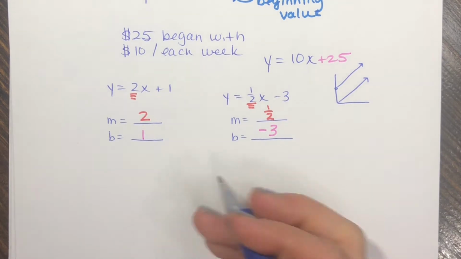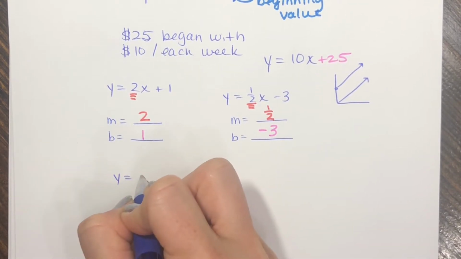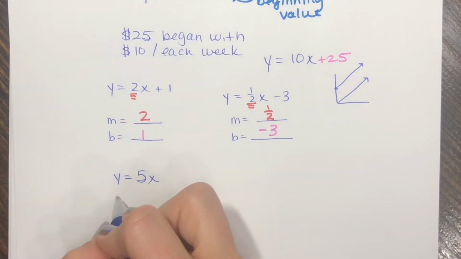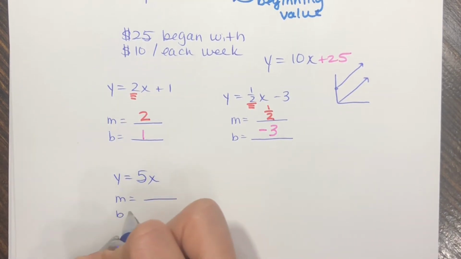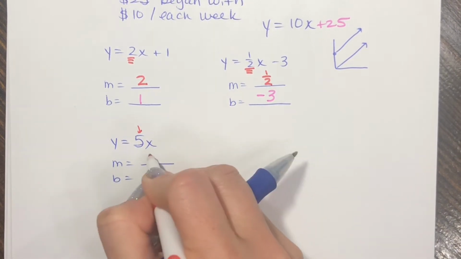Really, that's it. Now, sometimes they get a little crazy, like if I were to just say y equals 5x. Let's go back to proportional relationship here for a minute. If I were to say m and b here, you know that the m is your slope, which is the 5.